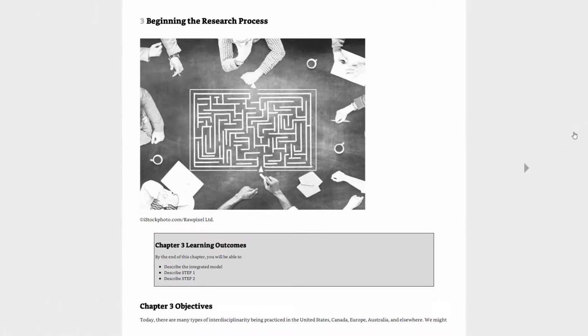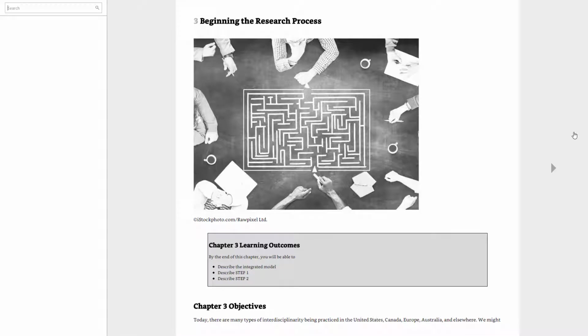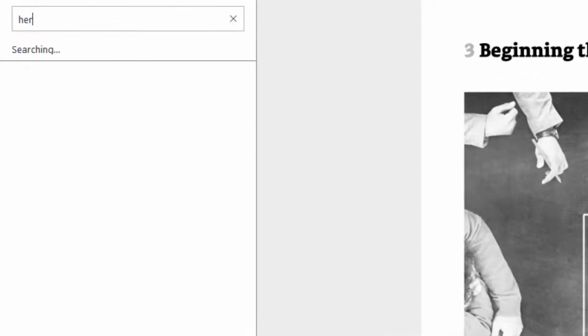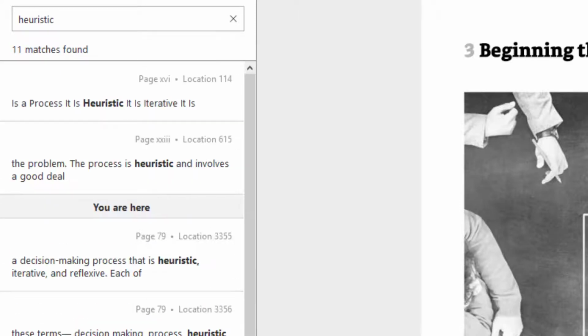If I type in Control F for find on my keyboard, I can type in a word. Let's try heuristic. I have to spell it right. That's how it works. Okay, that's in our readings today, so let's take a look at that.